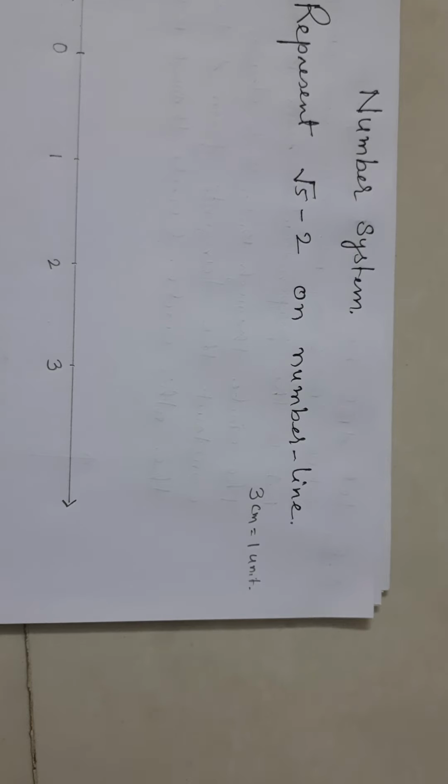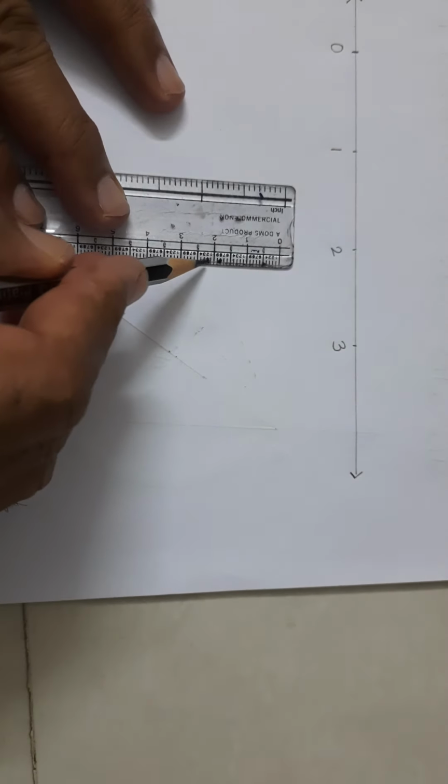You already know, in order to represent root 5, one side of the triangle must be 2 and other side of the triangle must be 1. That we have already seen earlier. I show you. Suppose I draw this triangle.